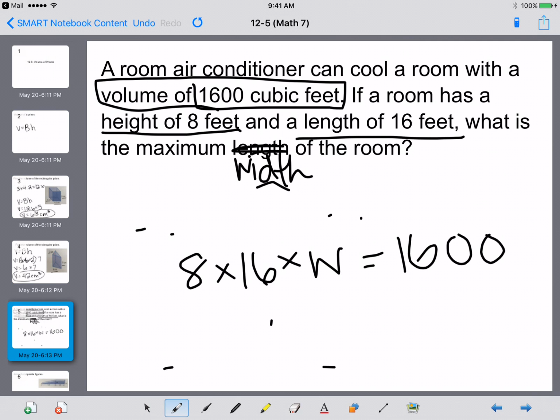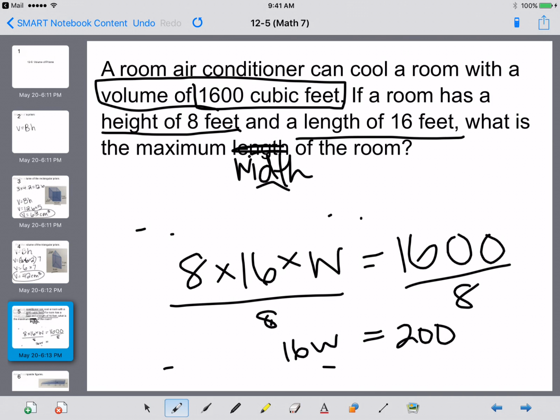To get W by itself, we divide by 8, and we'll get 16W equals 200. Divide by 16, and our width can be 12.5 feet.